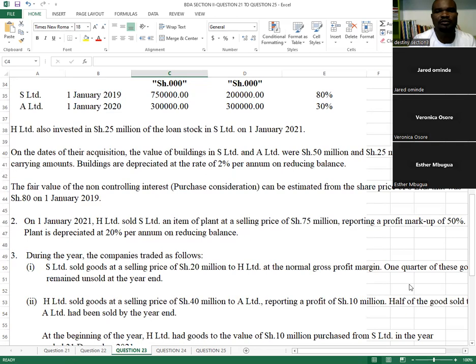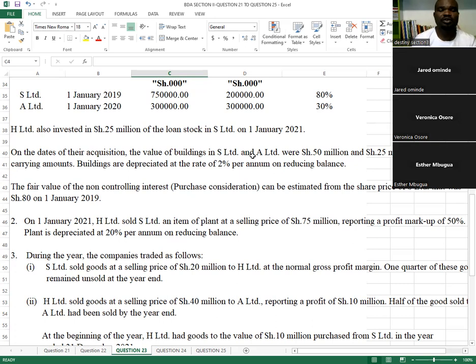Buildings are depreciated at the rate of 2% per annum on reducing balance. So that is the concept of revaluation.